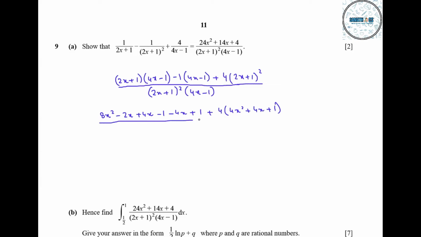In the denominator, we'll have the same (2x plus 1) whole square into (4x minus 1). Minus 1 and plus 1 will be cancelled out. Minus 4x and plus 4x will be cancelled out.